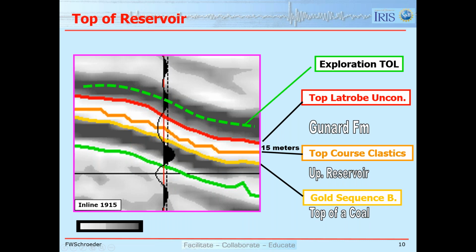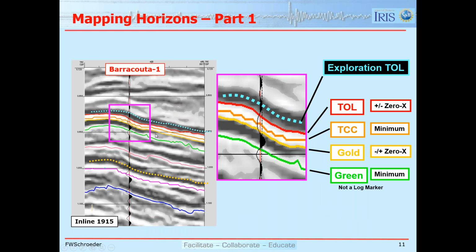Another horizon was mapped here, the gold sequence boundary. That's the top of a coal interval or a coal seam. And then a green horizon, the base of this peak, close to a zero crossing. So zooming in on this portion, now we're worried about the red horizon, the orange horizon, the gold horizon, and the green horizon.